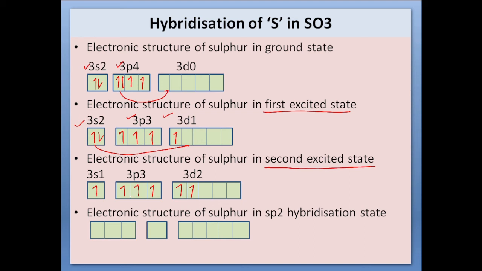In sulfur trioxide, the hybridization that takes place is sp2 type.